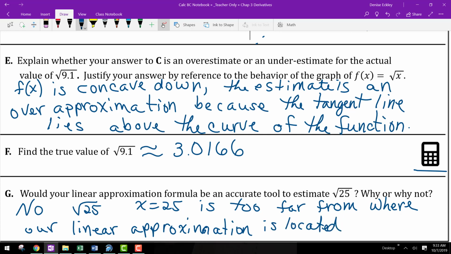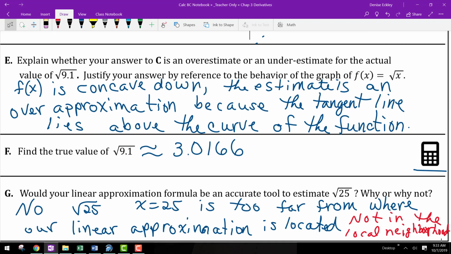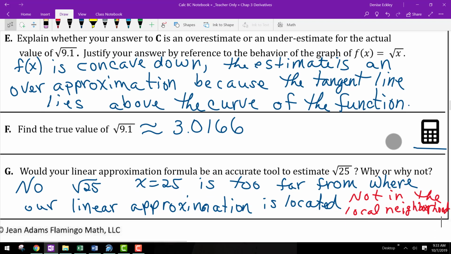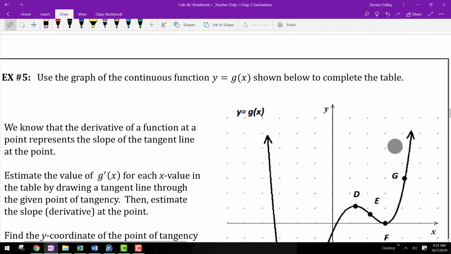Or as you could say, it's not in the local neighborhood. And yes, functions have neighborhoods. Because remember, it's only in that really small region that we can use a linear approximation.